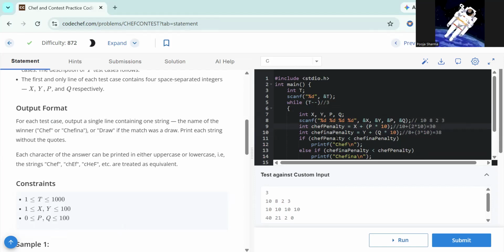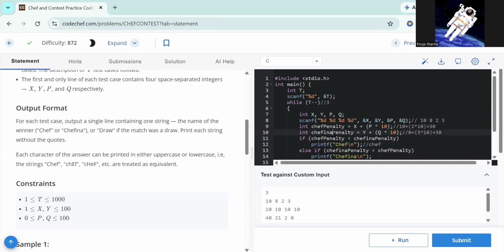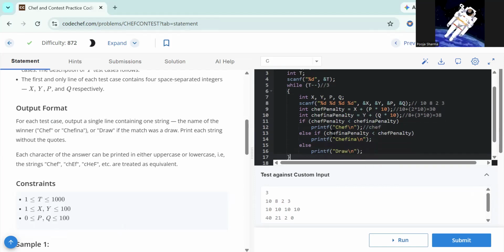So, we know whosoever penalty is greater, that name will not be printed. Okay, let's check. If Chef's penalty is less than Chefina's penalty, Chef is clearly the winner. So here 30 is less than 38, so it will print Chef. This is the first condition. In the second condition, if it's greater, it will print that specific name. And in the equal case, since all are equal, it will go with the else draw condition.